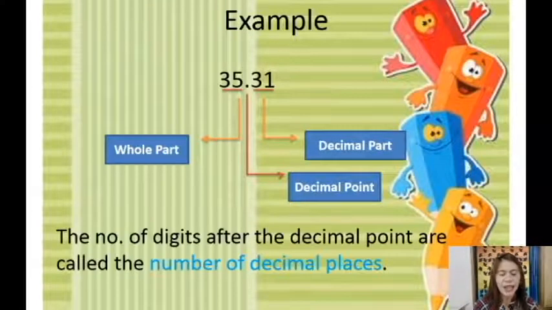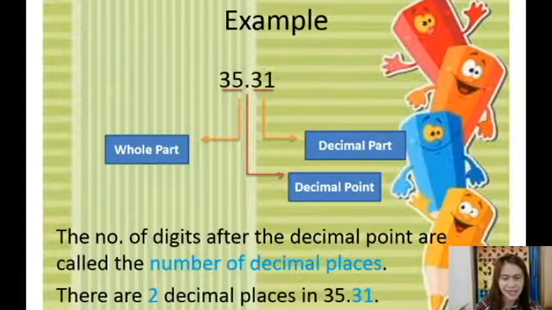Okay, the number of digits after the decimal point are called the number of decimal places. There are two decimal places in 35.31. Diba? Because the last two digits, or we have tenths and hundredths.